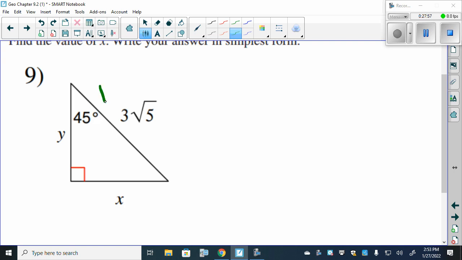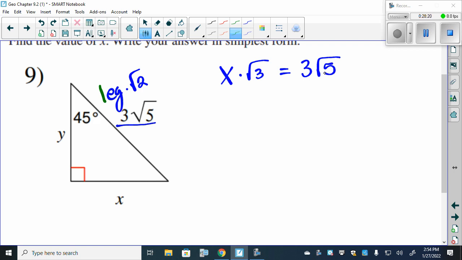Now, we said the hypotenuse is what? The leg times the square root of 2, yes? So whatever the leg's length is, if we multiply it by the square root of 2, we should get what? So the leg's length, because they're both the same, times the square root of 2 should give us 3 square root of 5, yes? And on all the ones leading up to this, what did we do?